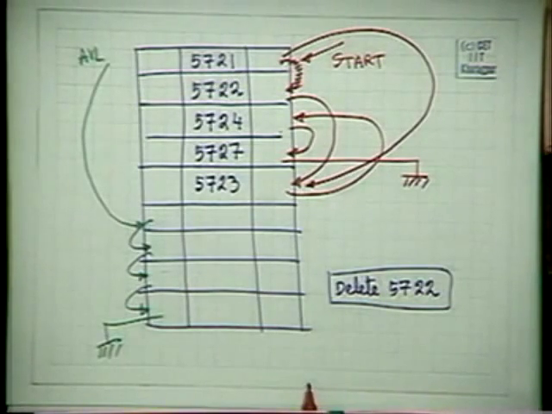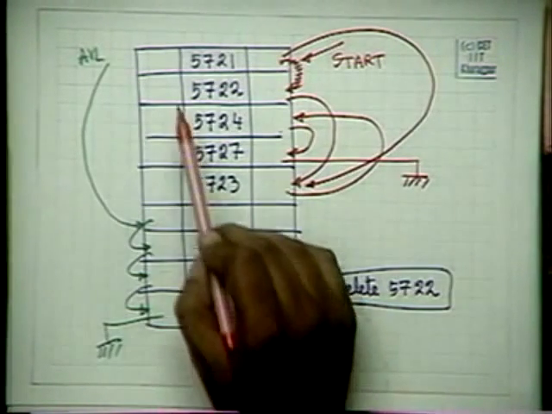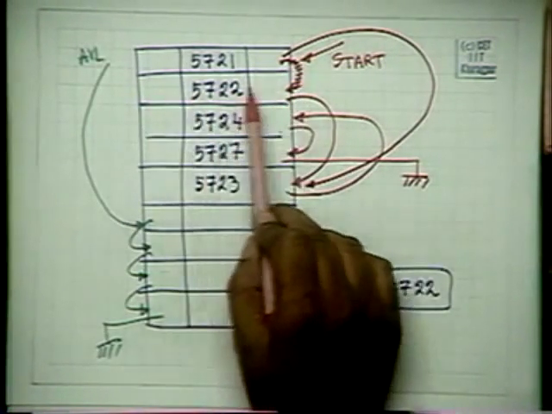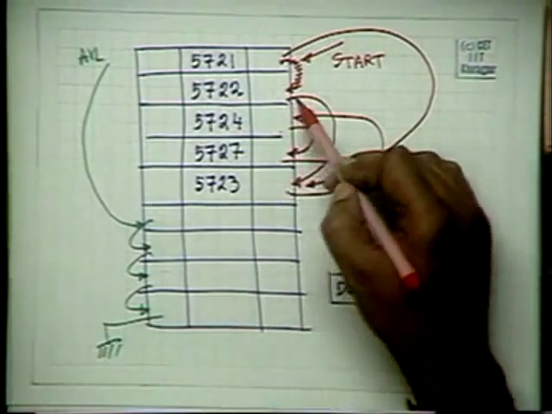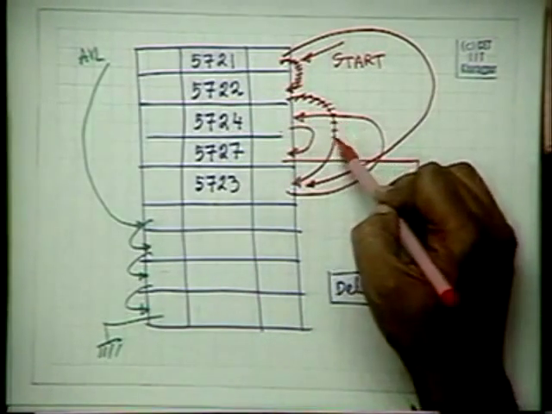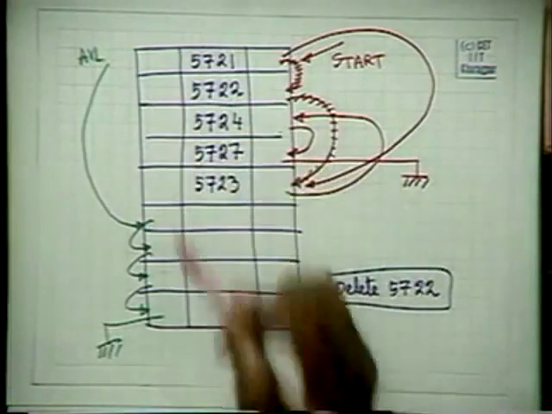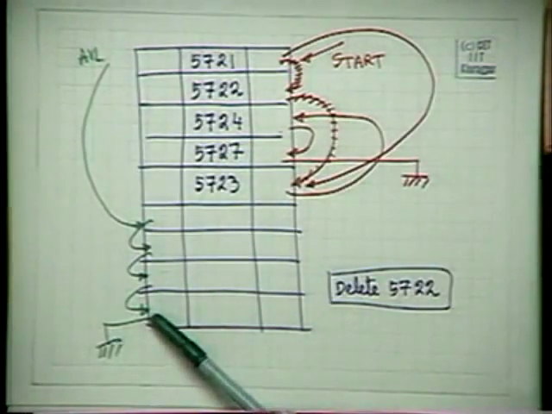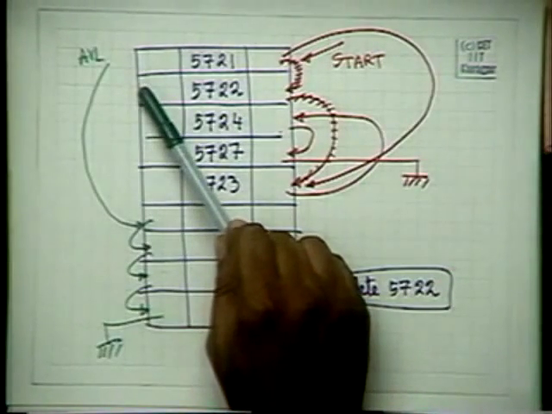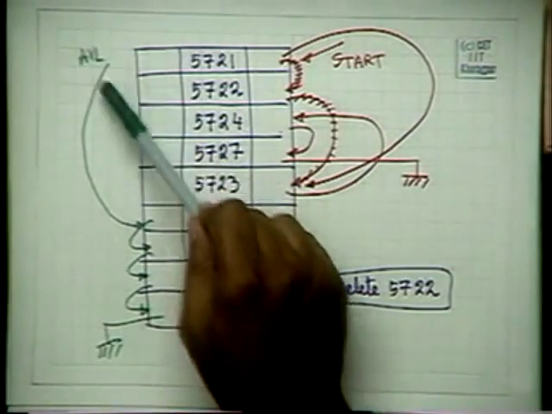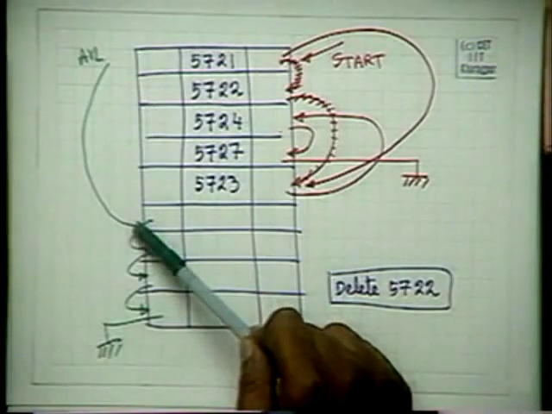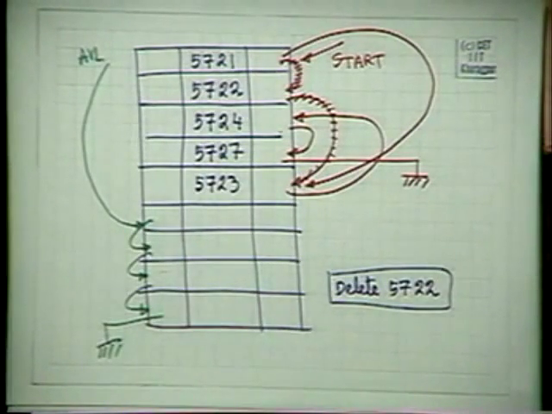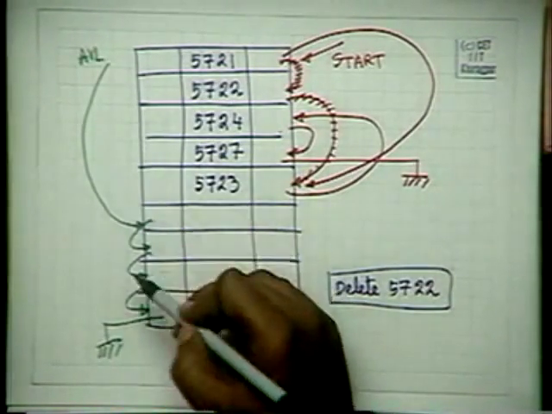So we have physically removed this, and in order to reutilize this space, this pointer does not exist now, and this will be made available. I can either make this point here and ground this, or I can make this point here and this point here. So let us take any one of the conventions.